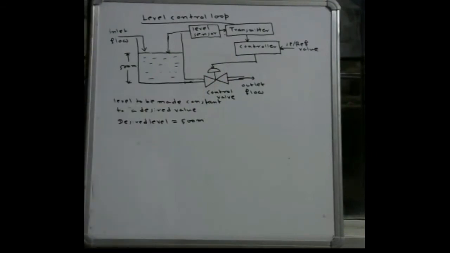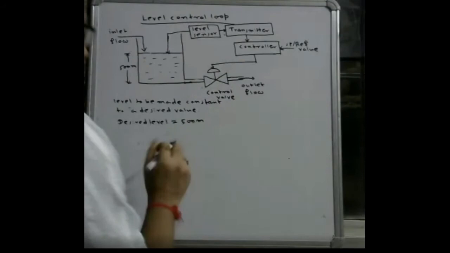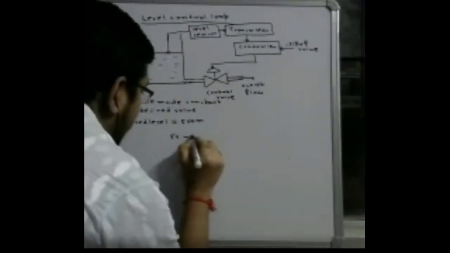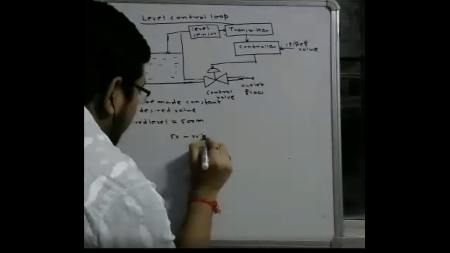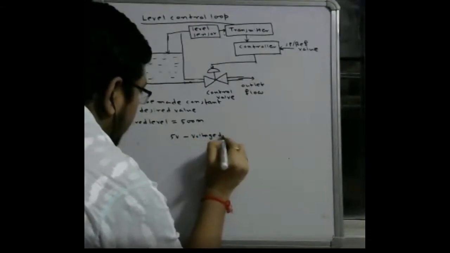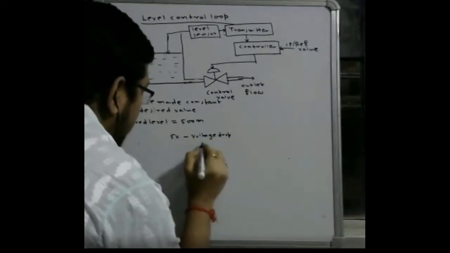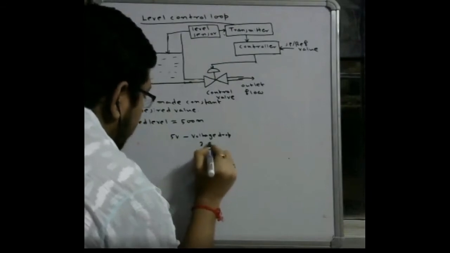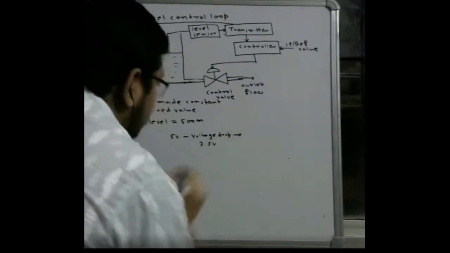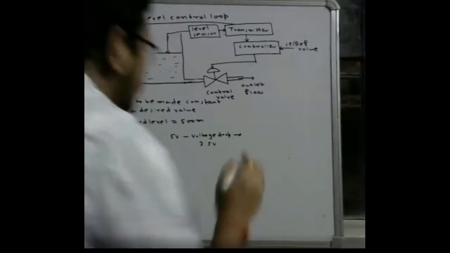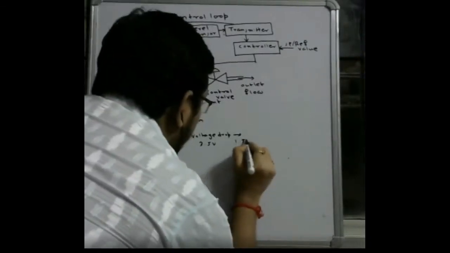Now the question may arise, so what will be the problem? There is no problem if the voltage drop is fixed. If this voltage is suppose 5 volt and the voltage drop is suppose 3.5 volt, then at the controller input we will get 1.5 volt.